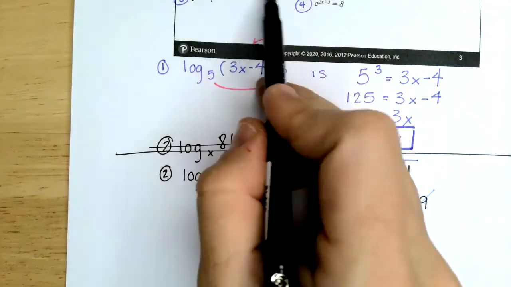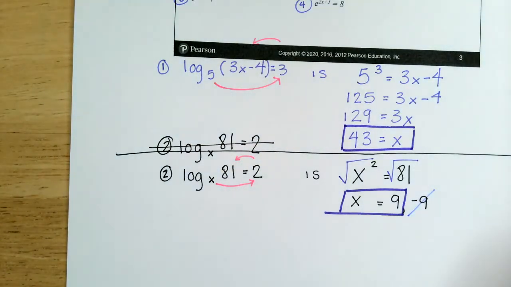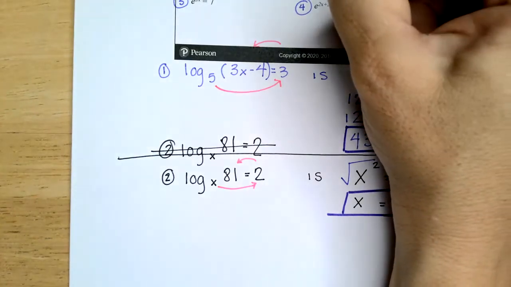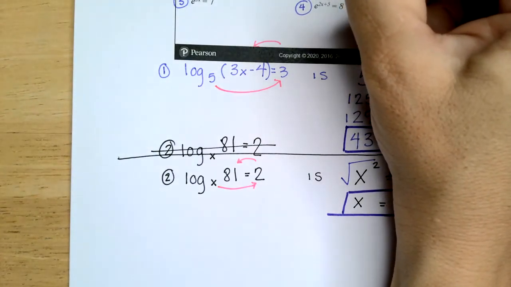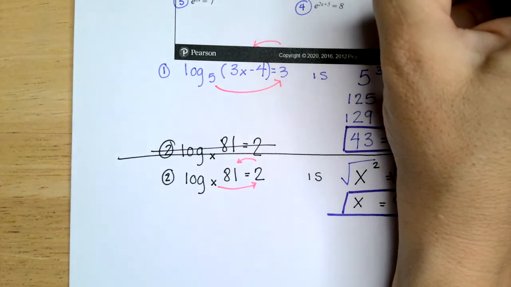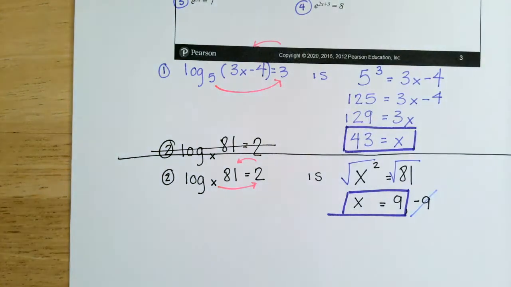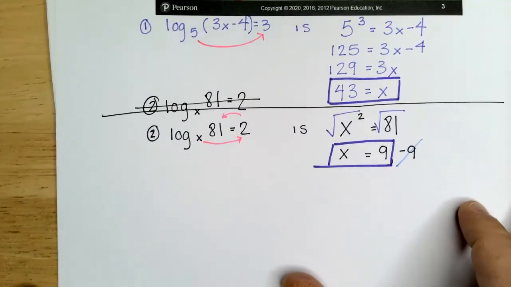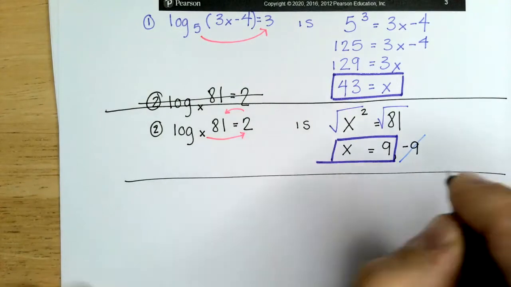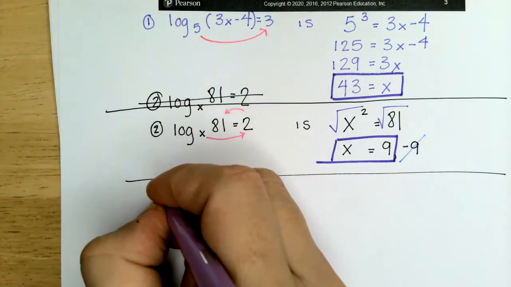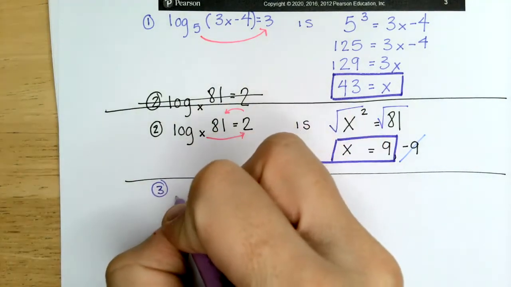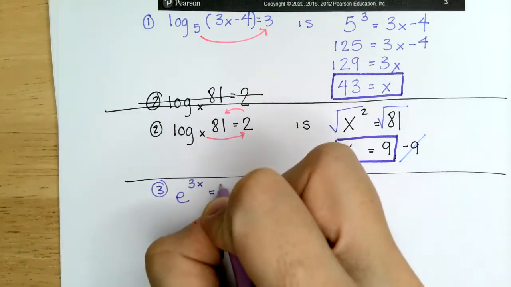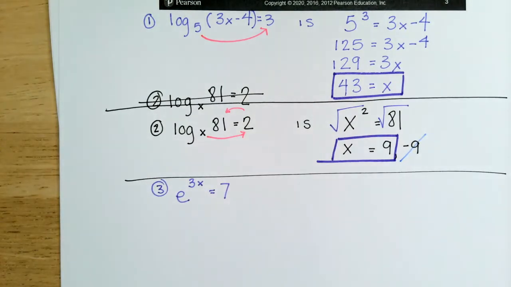Now we are going to solve exponential equations by converting them back to logs. Number 3, e to the power of 3x equals 7, that's very difficult, right?